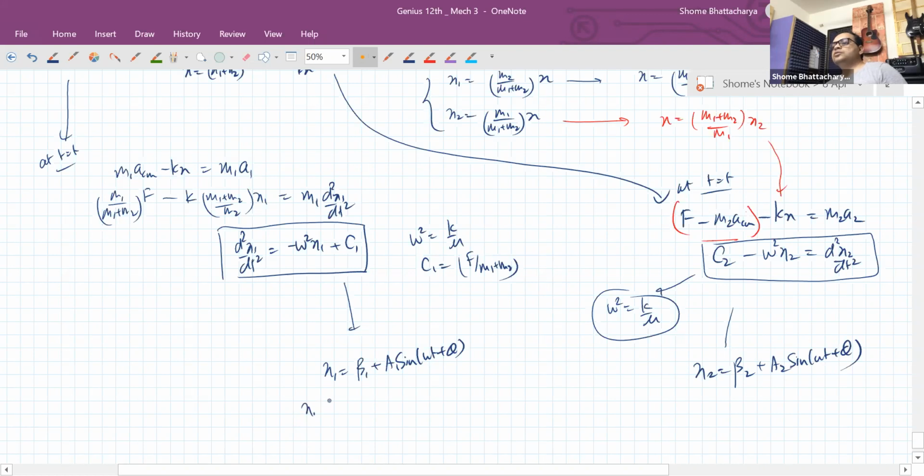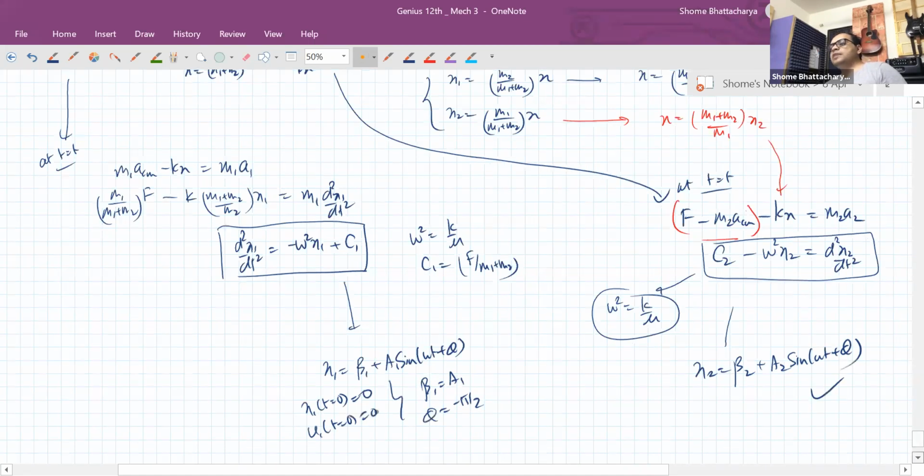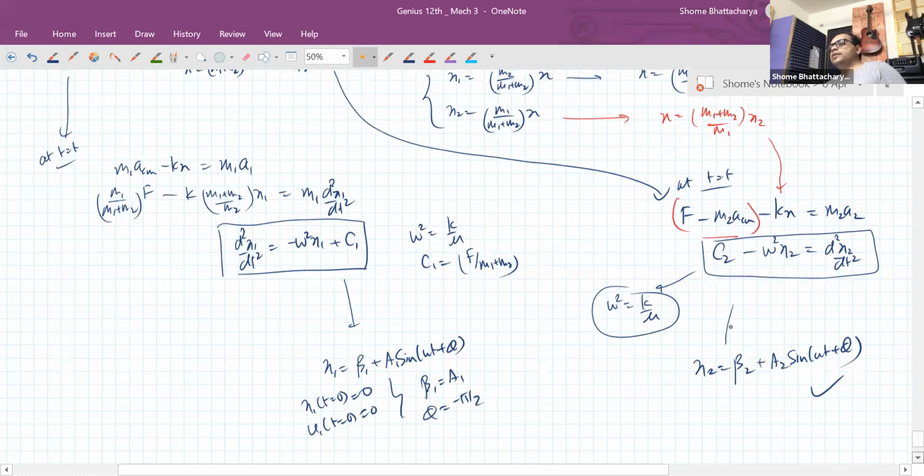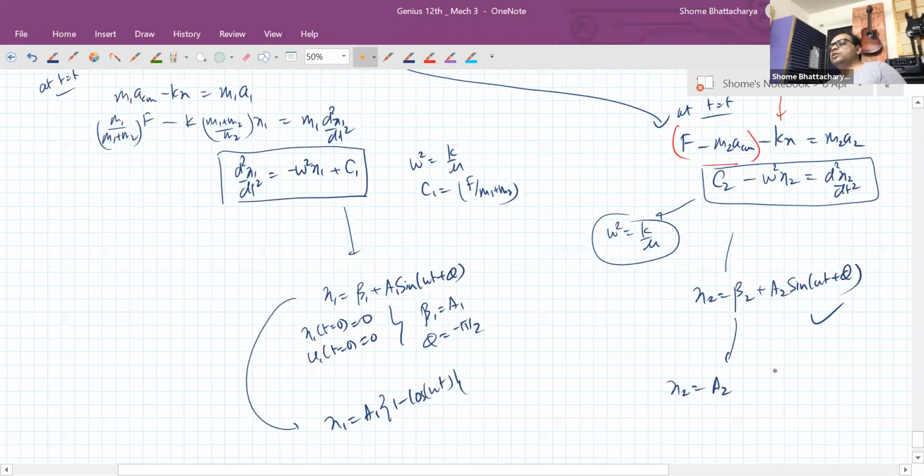Okay. Now x1's initial value is 0 and v1's initial value is also 0. So that will give me that beta 1 is equal to a1 and phi is equal to minus pi by 2. Ditto same over here. So from that I know that this x1 will be some amplitude a1 into 1 minus cos omega t, and this one will be some amplitude a2 again into 1 minus cos omega t.